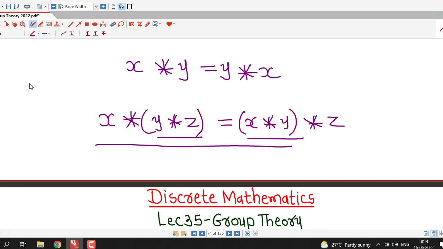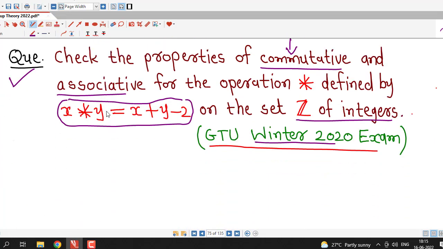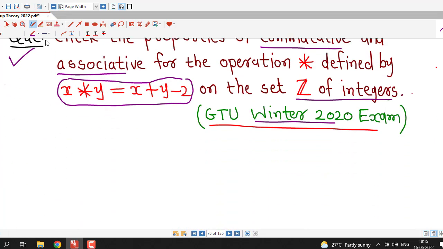So here we are given one binary operation star on the set of integers and we have to check whether that binary operation satisfies these two conditions or not. First we check for commutative property and then we will go for associative property.